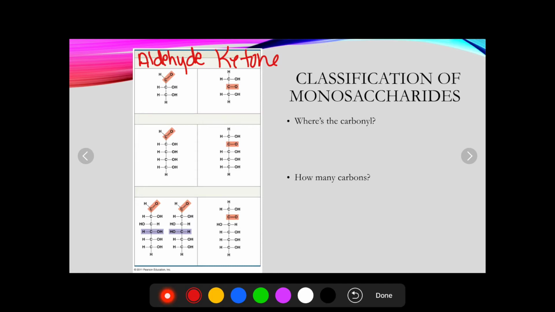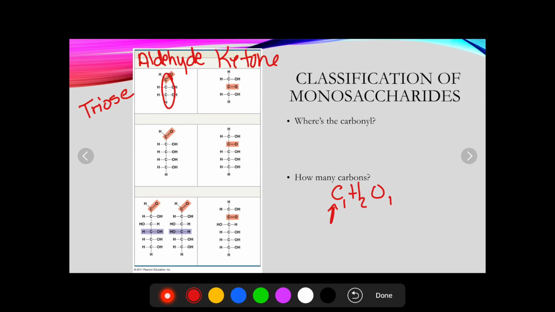And then we're also going to name sugars and classify them based on how many carbons they have. Now, sugars are going to follow the same general formula: carbon, hydrogen, oxygen in a 1 to 2 to 1 ratio. However, the number of carbons can change. Up here, if we have 3, what is something like 3 usually prefixed with? Tri. So this is going to be a tri, and it's a sugar, so we're going to call it a triose. Okay, how about 5?